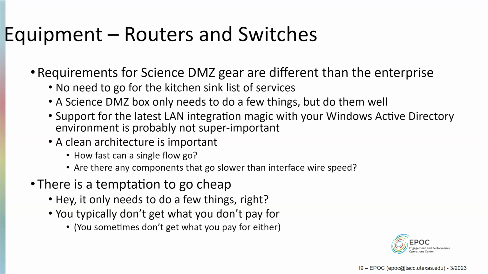We need stuff that works well for us in a DMZ, and that's not the same as what works well in a traditional network. If you're only dealing with a few milliseconds of latency, the switches and routers that can cope with that are relatively inexpensive.